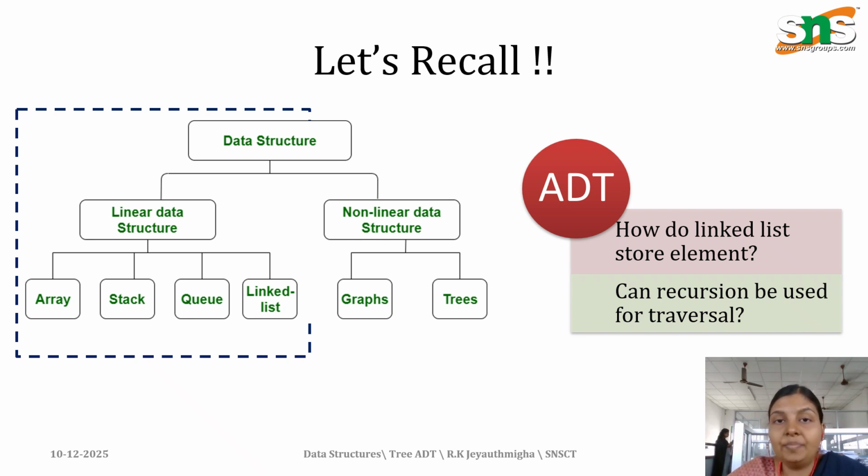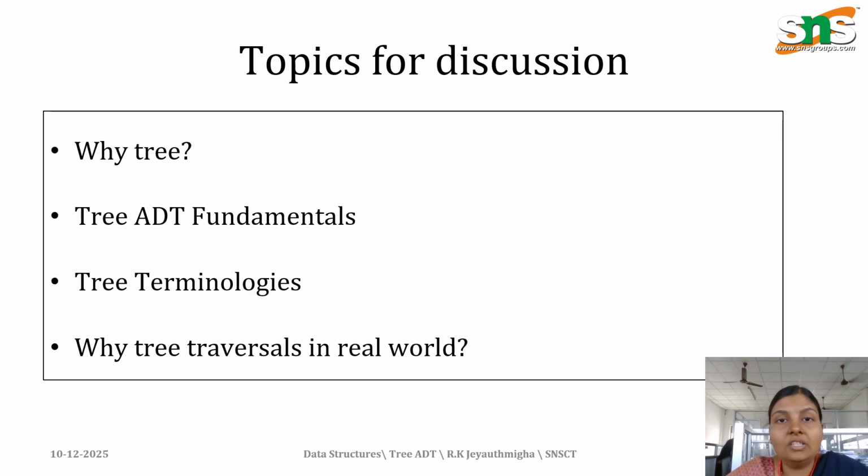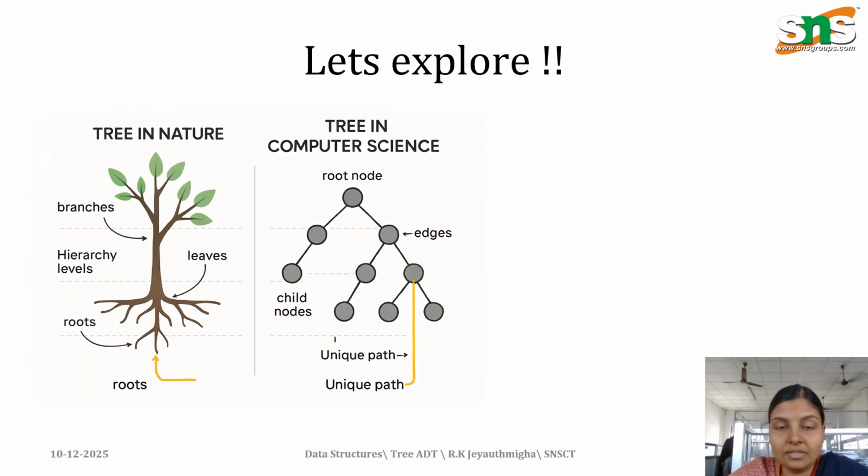ADT, meaning abstract data type, is a property showing the essential information to the user, hiding the unnecessary details. Topics for discussion are tree terminologies, Tree ADT fundamentals, tree traversals, and trees in the real world.